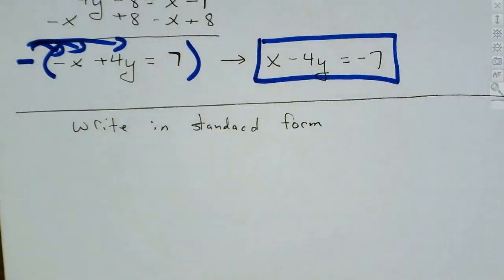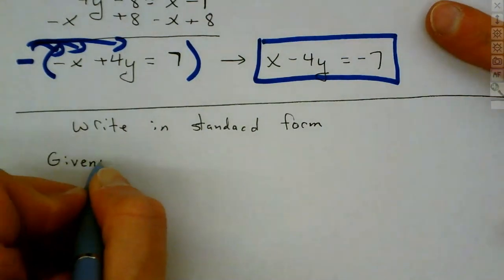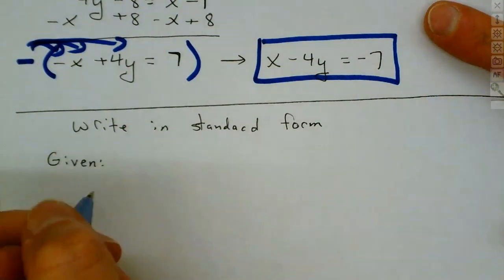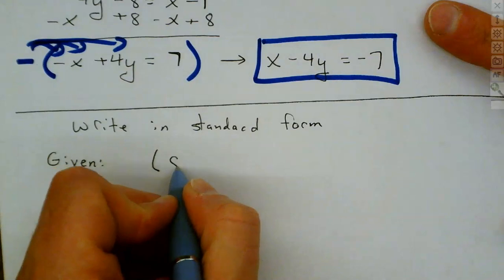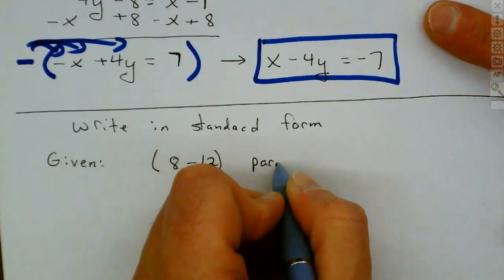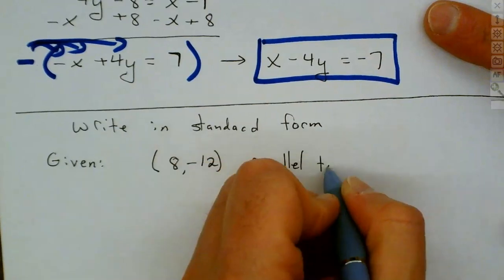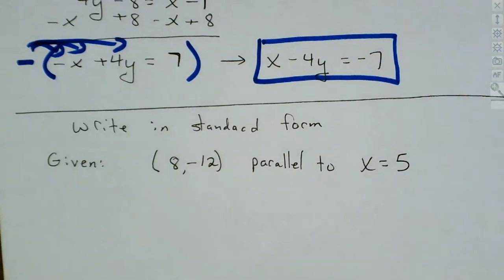So we're going to write these in standard form. Let's say you're given the point 8, negative 12, parallel to x equals 5.